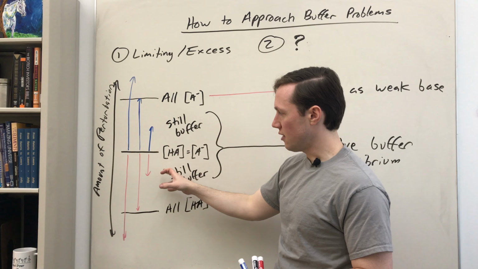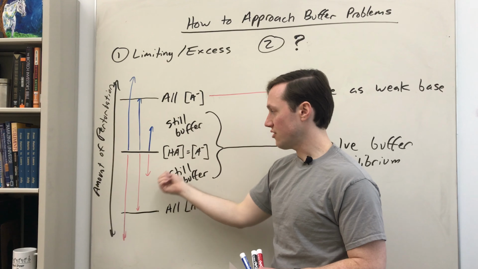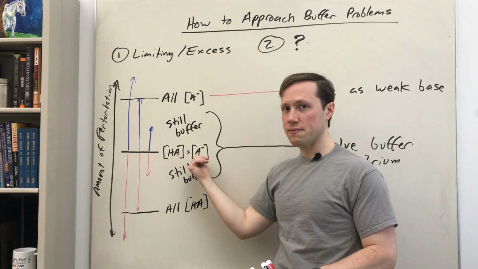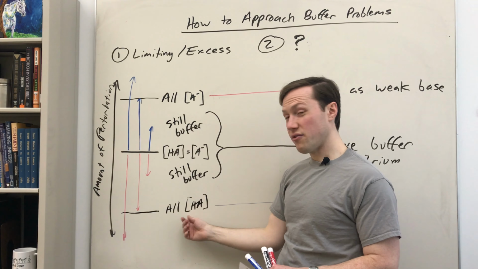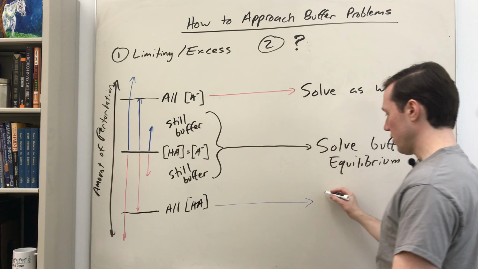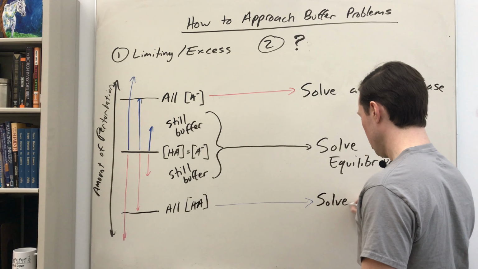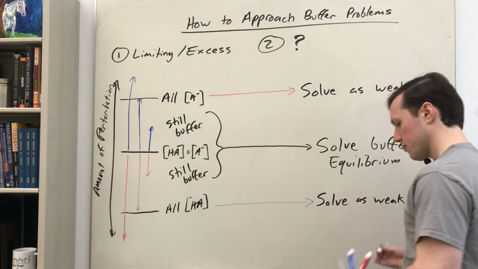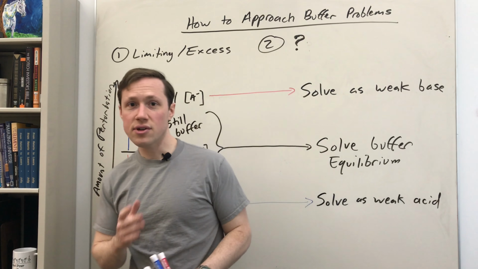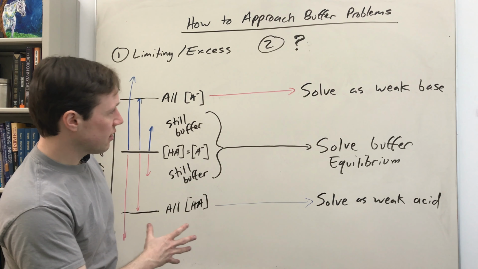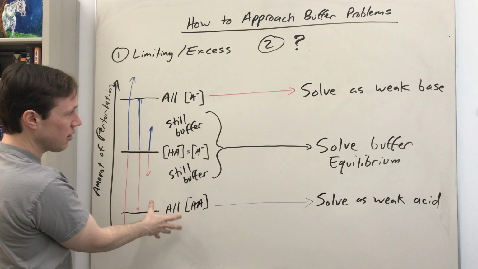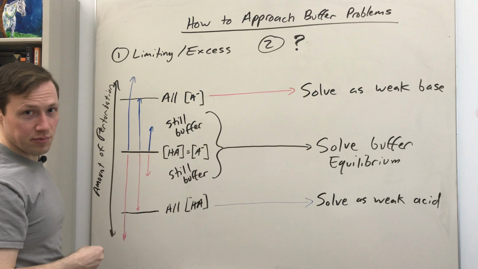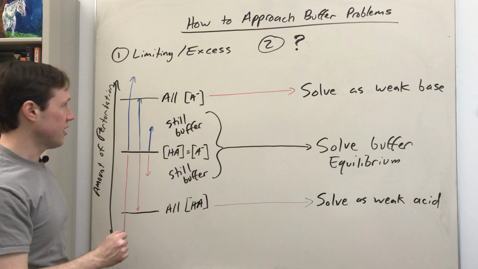If we were to add precisely enough acid to exactly consume all of the conjugate base from our buffer, we would be in a circumstance where we have only the weak acid present. So as you can see already, depending on how much of our perturbing compound we add, there are several types of problems that we could be solving. But we're not quite done yet.